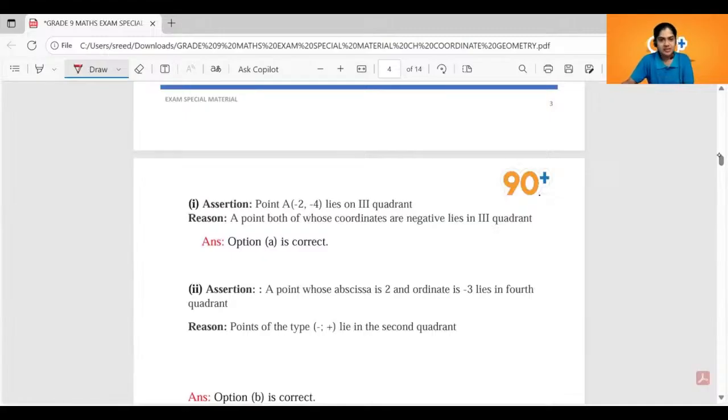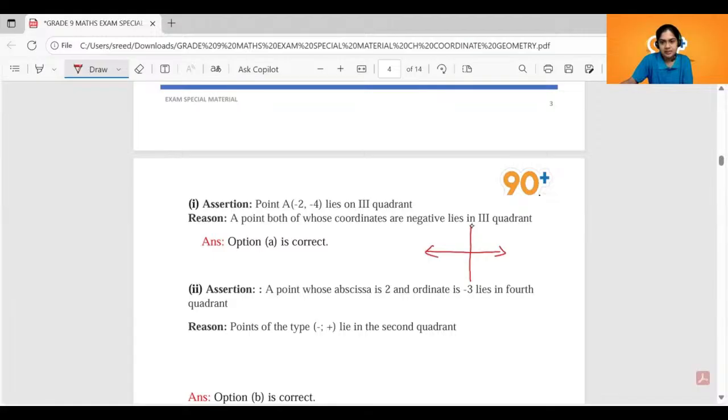So the first question, assertion is point A -2, -4 lies on the third quadrant. And the reason is given: a point both of whose coordinates are negative lies in the third quadrant. So let's draw a coordinate plane.